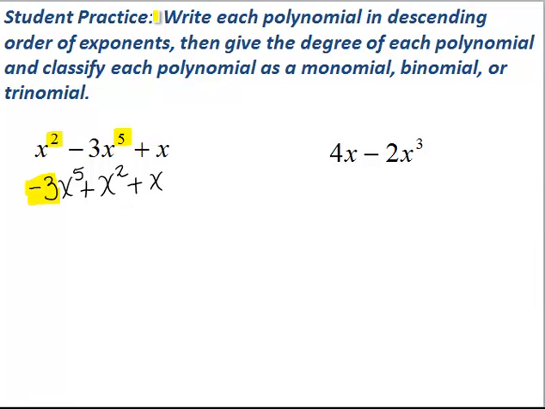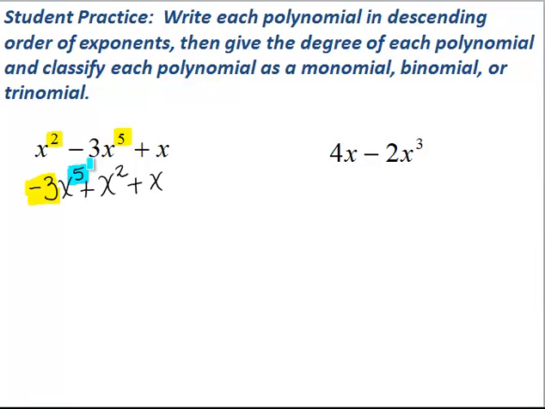So now we will give the degree of each polynomial and classify it as a monomial, binomial, or trinomial. Well, we already said that it was a trinomial. So we know it's a trinomial. Now, when they talk about degree, they want to know what the biggest power is for your polynomial expression.